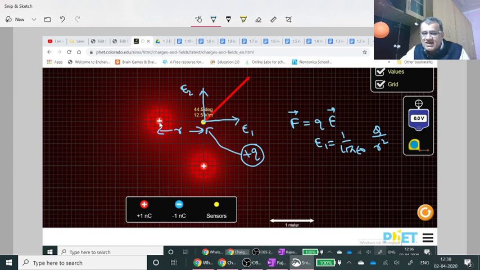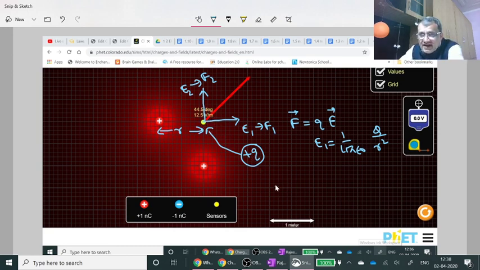And if this is plus 1 nanocoulomb, this one is also plus 1 nanocoulomb. So E1 and E2 magnitude wise are the same. If you place a charge plus Q, a small q here, then the force on that charge is QE. So the force, instead of electric field, we can call this F2 and this one F1. Force on that charge, this small q, which is placed here.